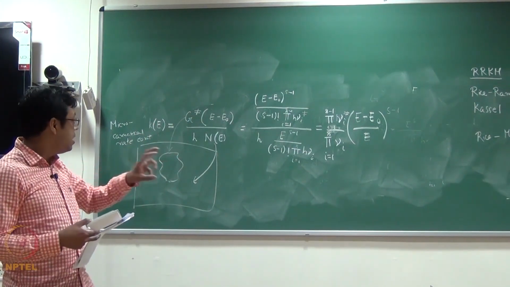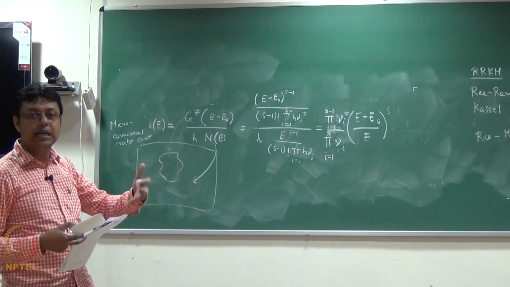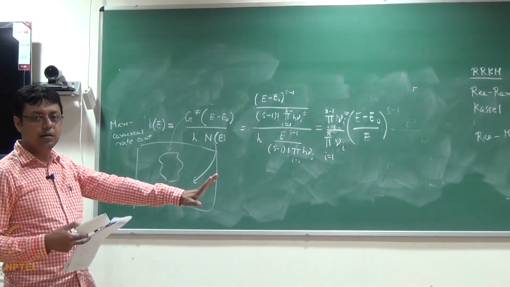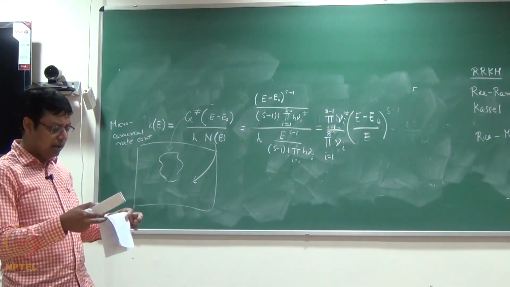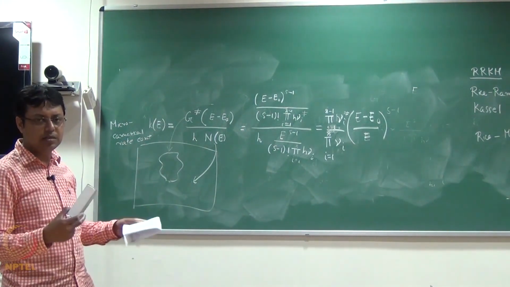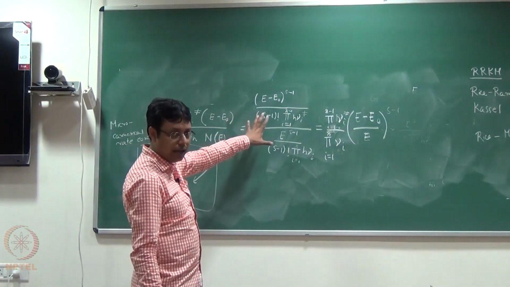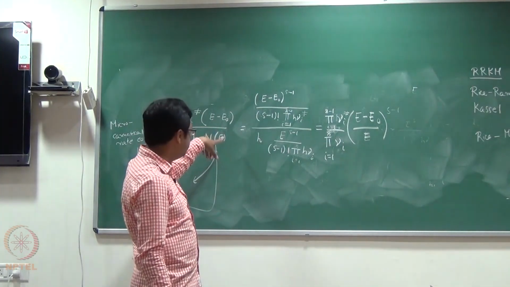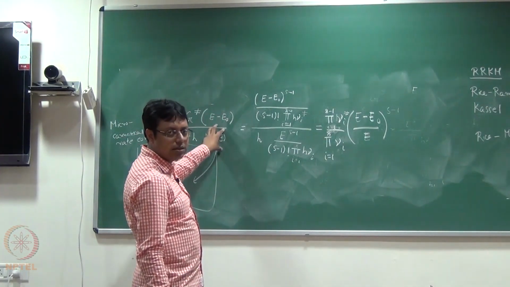Times that, I have to also calculate the probability of having the energy E at a given temperature, and then integrate over the entire thing. Then I will get the rate constant. That is basically the essence of the Marcus theory. How I arrived at it, I will skip again, because this needs a lot of mathematics. But essentially, as you can see, this will still be the ratio of the states in some sense.